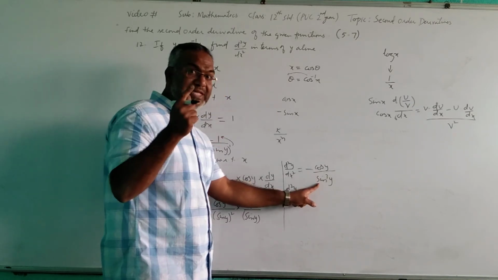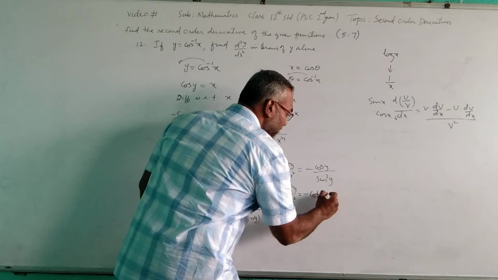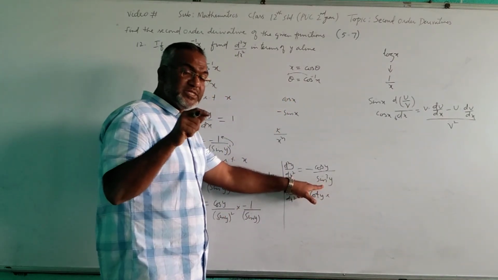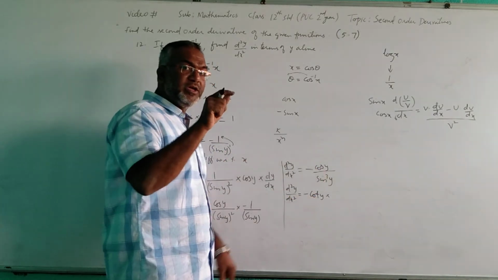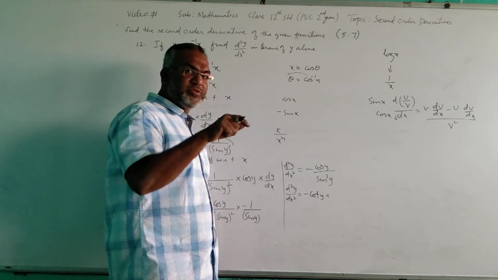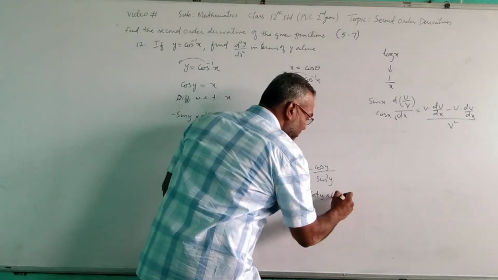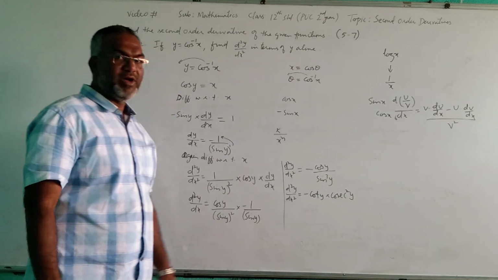So one cos, one sin, cos by sin will become cot y into, then here sin square is left. That sin square, if I bring it up, from denominator it goes to numerator, it changes to its reciprocal. The reciprocal of sin is cosec, so it becomes cosec square y, minus cot y into cosec square y.